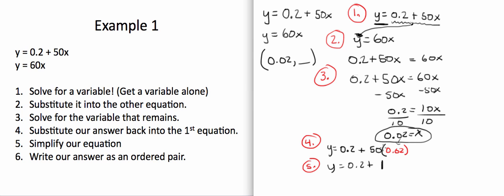Then y is equal to 0.2 plus 1, which gives us y is equal to 1.2. So now we have two answers, and our final answer, step 6, is this ordered pair: 0.02 comma 1.2. That's substitution.